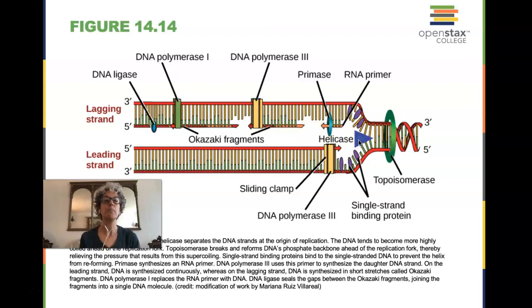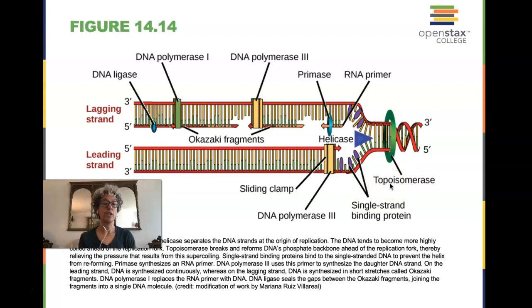It unzips the helix. When we do that, if we just pulled open a twisted strand, it would get completely crumpled up behind that enzyme. We have this green ring representing topoisomerase. So an enzyme interacting with an isomer, and topo is like topography.